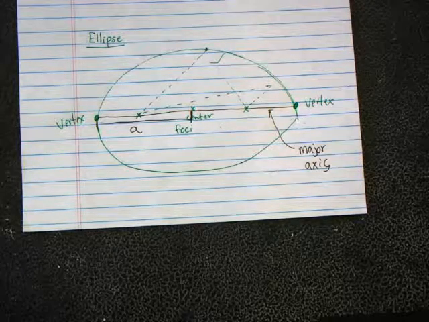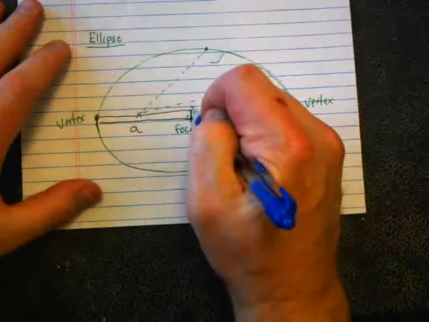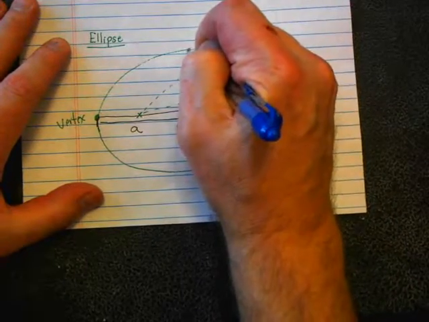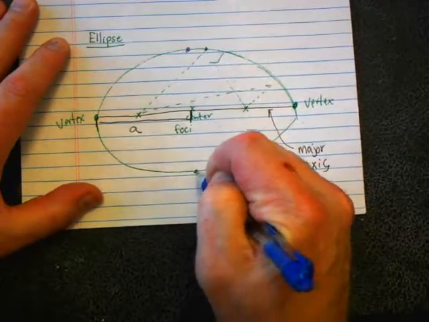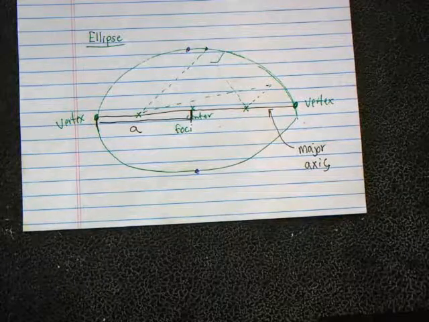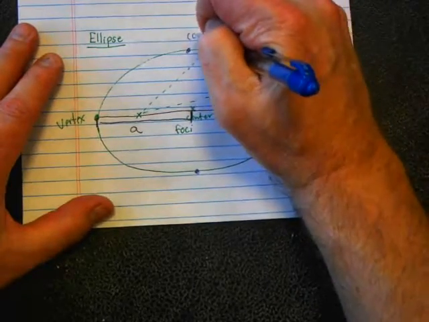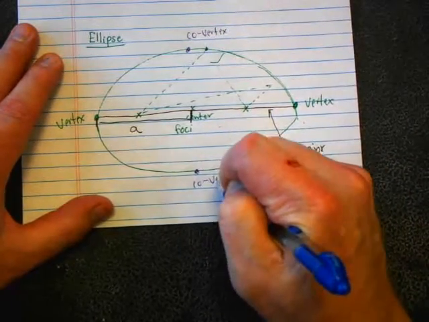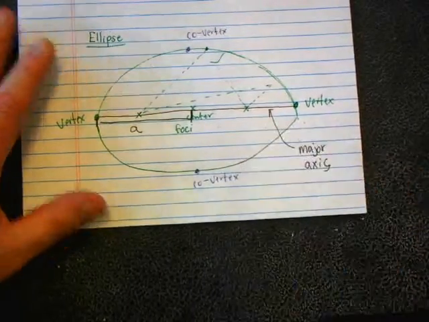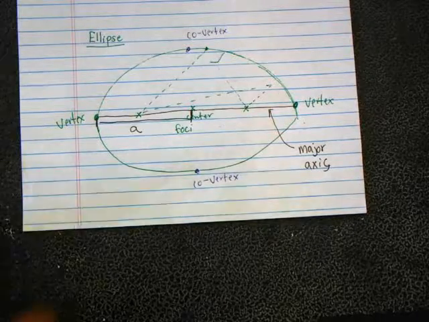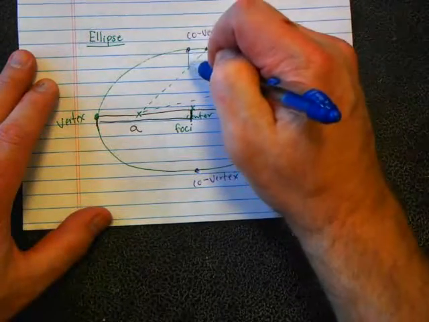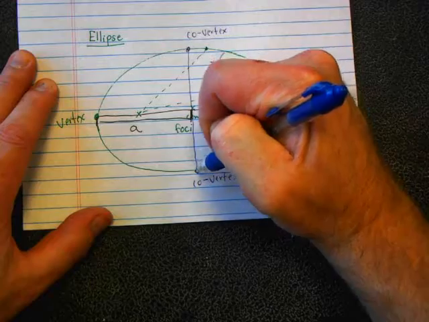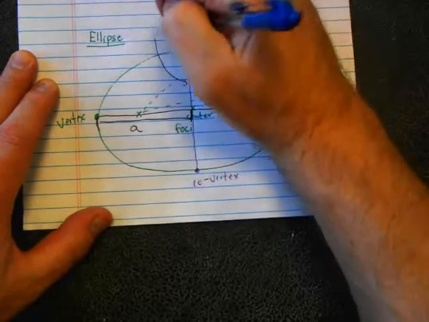Then if we go from the center and we go up and we go down, we get 2 more points. These are called covertex. Or together they're called covertices. And if we draw the line straight up and down, we already used these words. This line is called the minor axis.